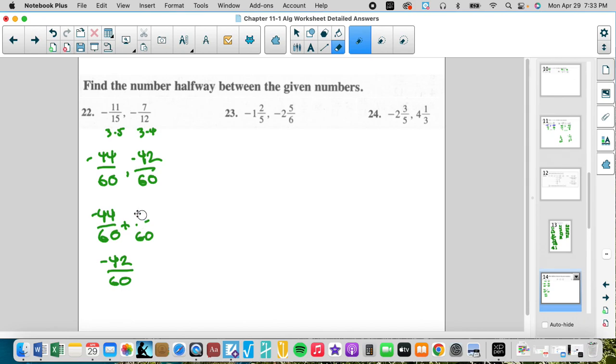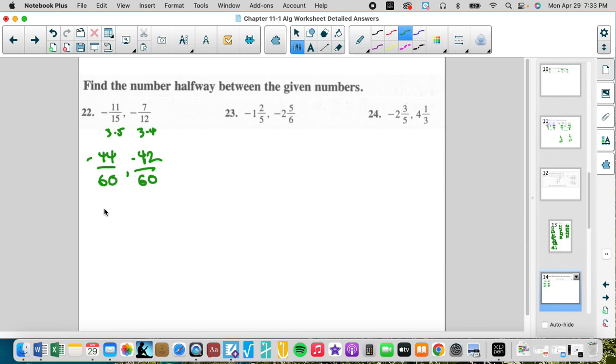Sorry. All right, so I forgot about finding the measure half. So that's negative 44 minus negative 42 sixtieths, which gives us negative 2 sixtieths.